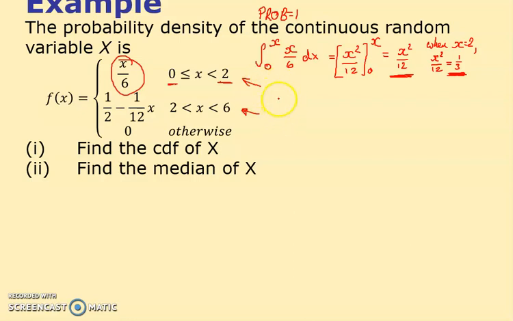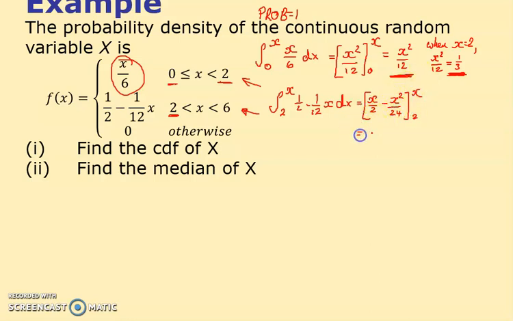Which is now what I'm going to find the formula for. So the integral, take the lowest value, from 2 up to x, of your formula, which is now a half minus a 12th x, dx. When I integrate it and add a power divided by the new power, I get x over 2 minus, I reckon, x squared over 24, between 2 and x.